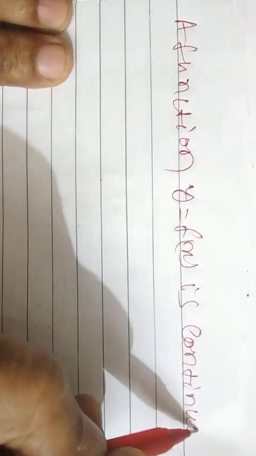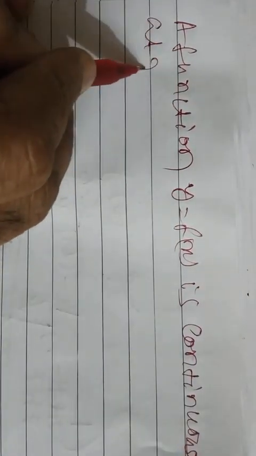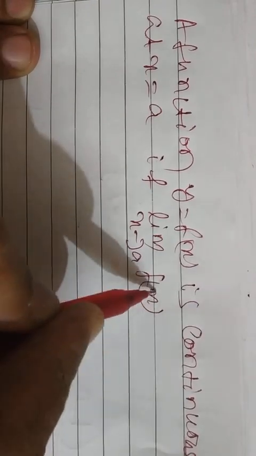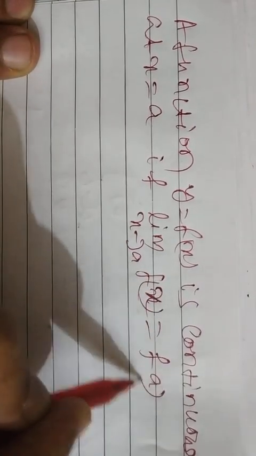Now coming to our final conclusion. A function y equal to f(x) is continuous at x equal to a if limit x tends to a of f(x) is equal to f of a.